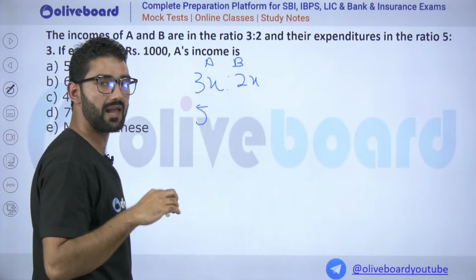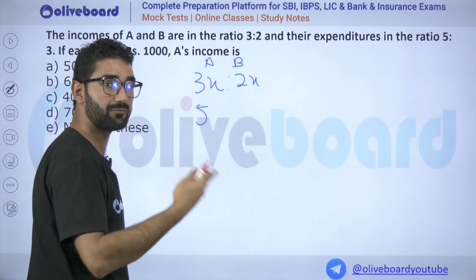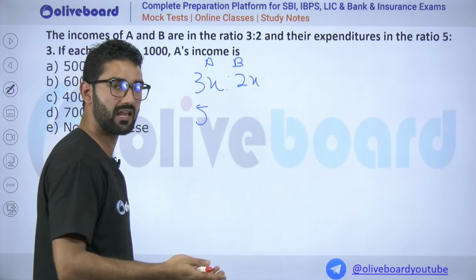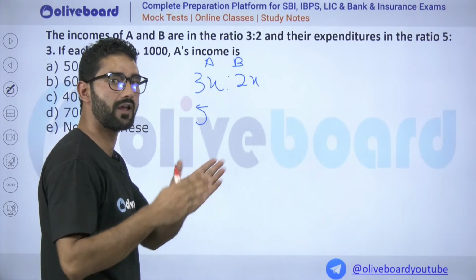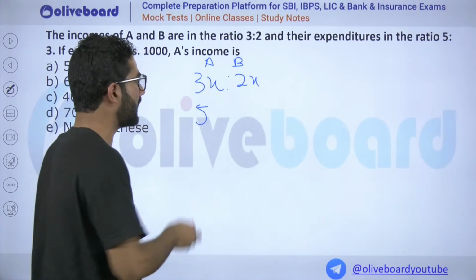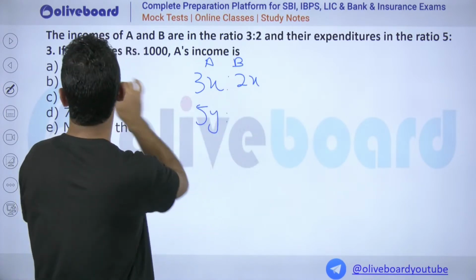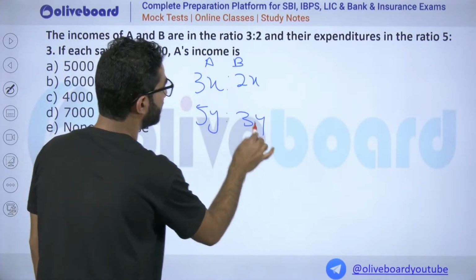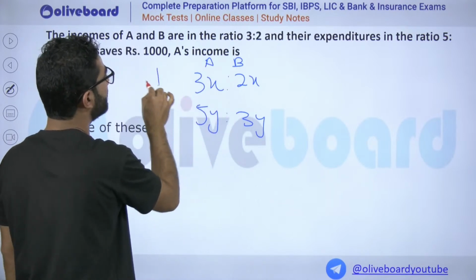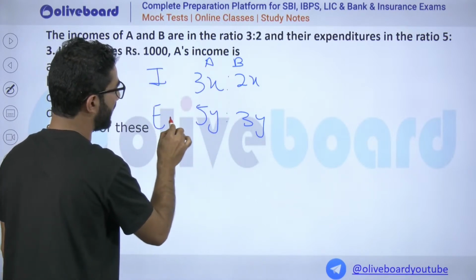Don't take the same variable. I repeat, whenever the question is given for expenditure, income and saving, you should take a separate value for income and a separate one for expenditure. So it will be 5y and 3y. So this is income and this is expenditure for A.